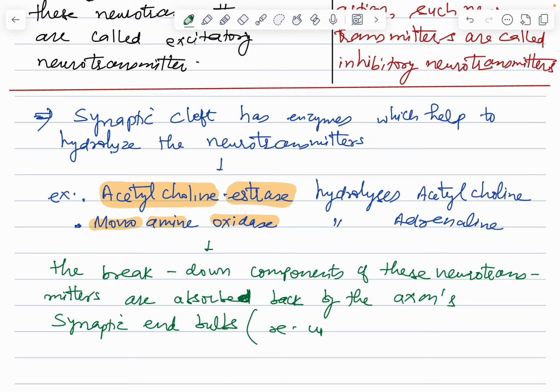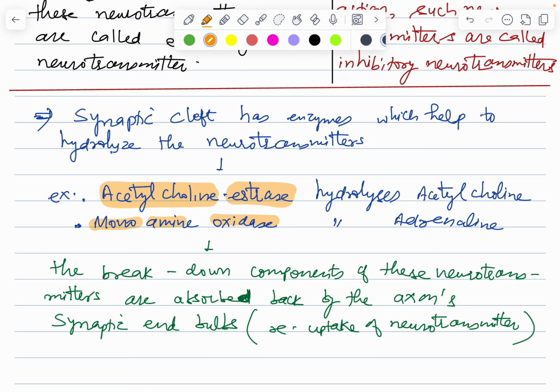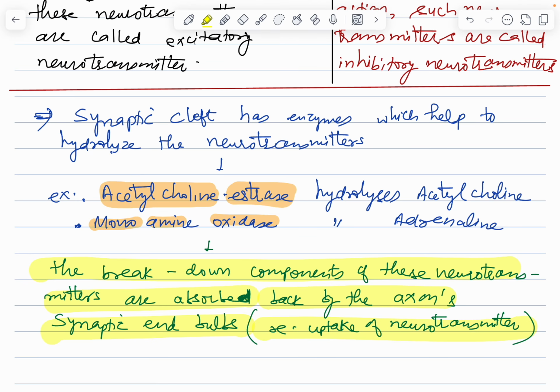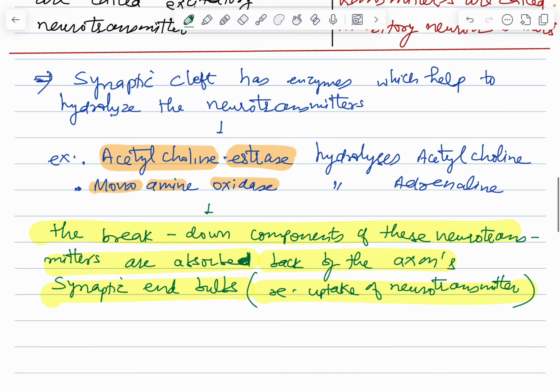This event is called reuptake of neurotransmitter. The breakdown components of the neurotransmitter are reabsorbed by the axon's synaptic end bulbs. That's the reuptake. And what will the axons do with them?